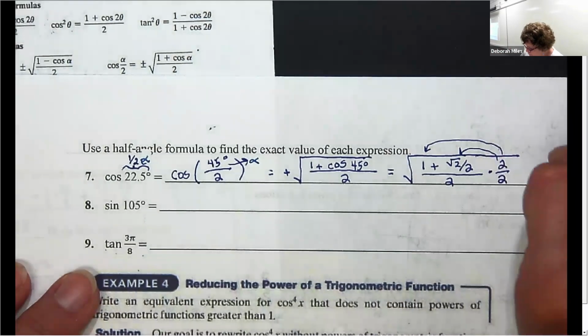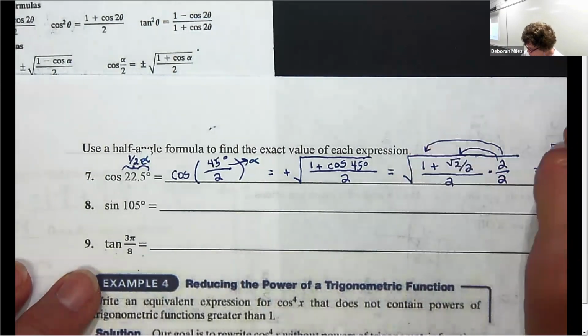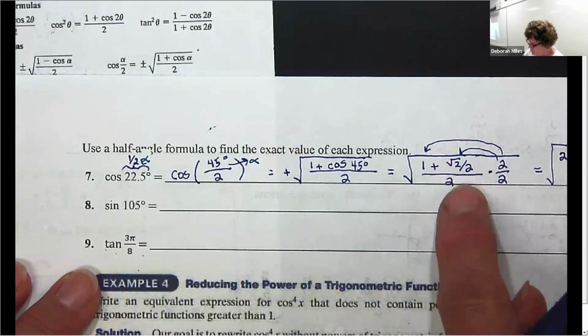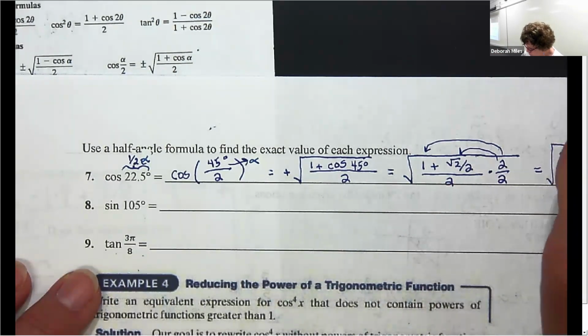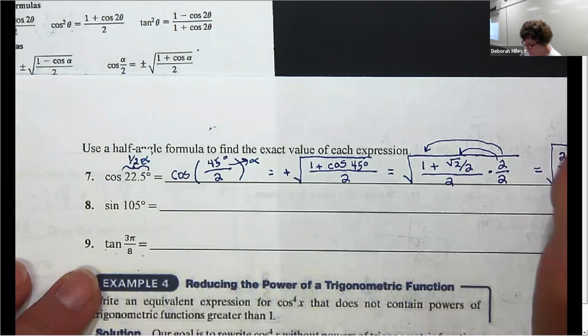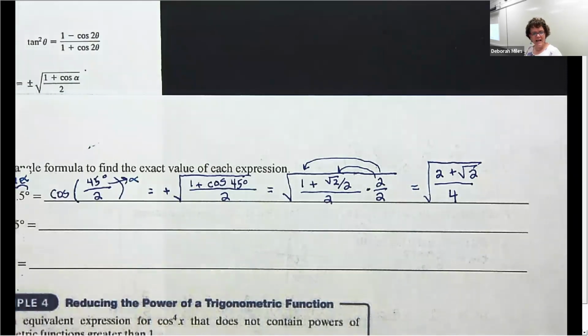So I'll have the square root of 2 times 1 is 2. 2 times square root of 2 over 2 is the square root of 2. And in the denominator, 2 times 2 is 4. And there's just one more thing I want you to do because it's easy to do.